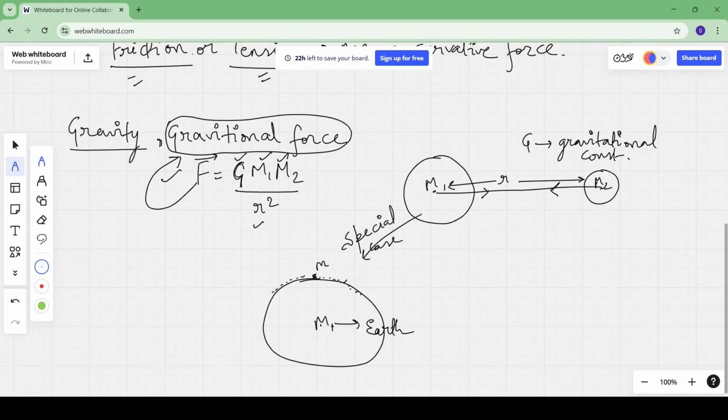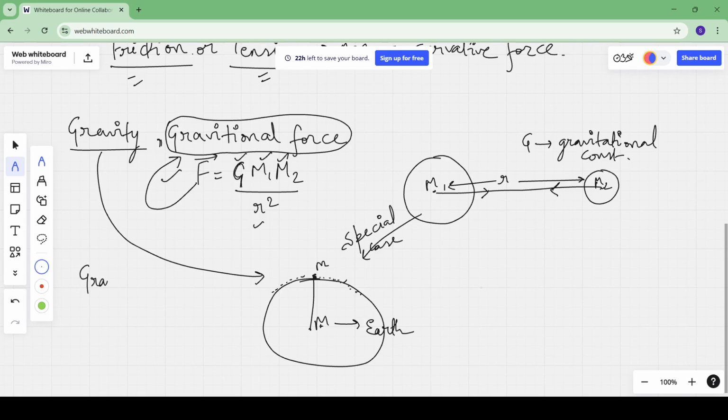Earth has a mass capital M. In that case, I have just named it differently, and the force with which Earth attracts me is called gravity.